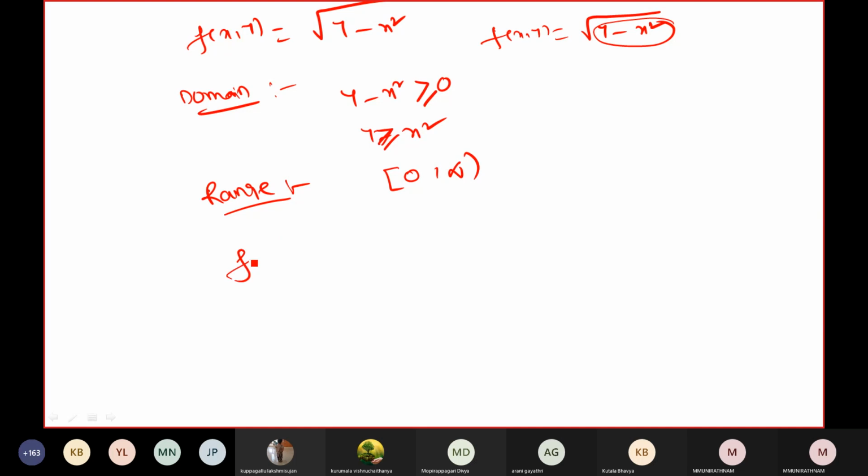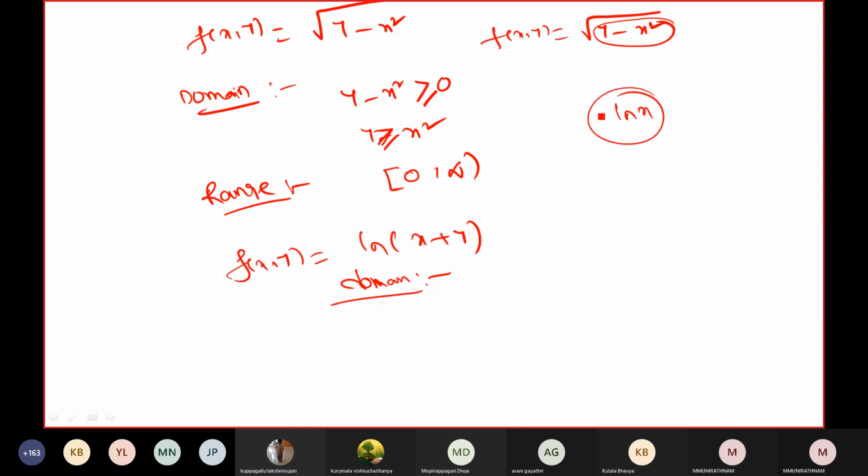Now I have written f of x comma y as ln of x plus y. What is the domain? Real numbers? When will log x be defined? ln x, for what value of x will ln x be defined?